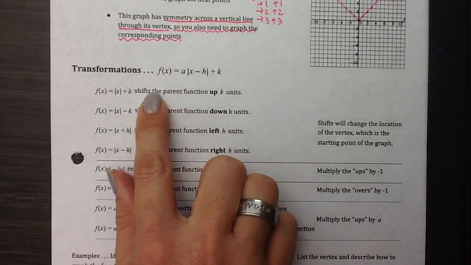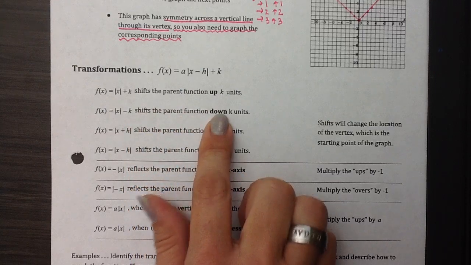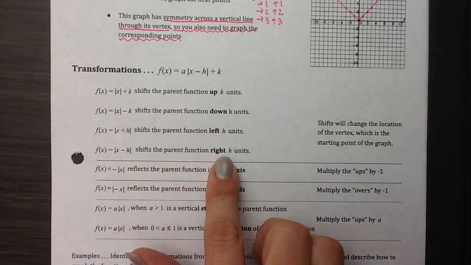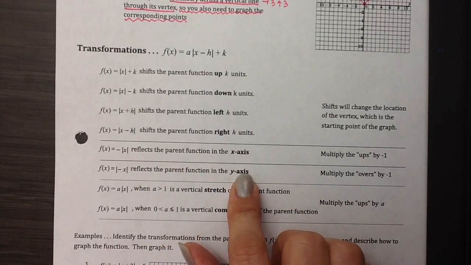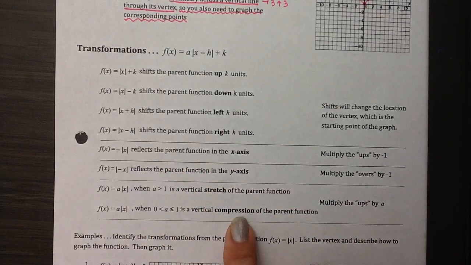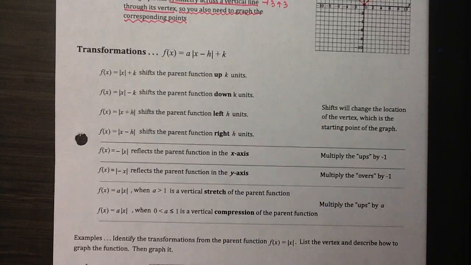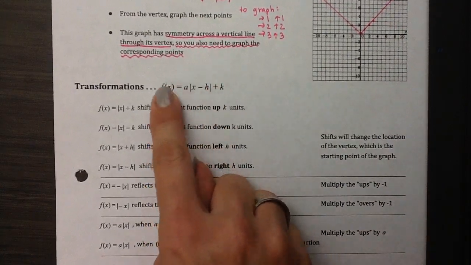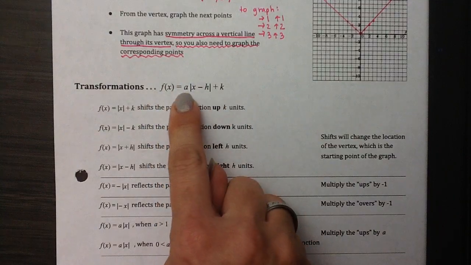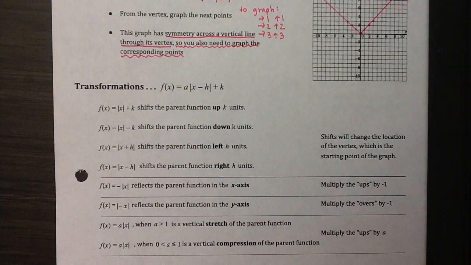Transformations could include shifts up, shifts down, shifts left, shifts right, reflecting in the x-axis or the y-axis, or a vertical stretch or compression. So these transformations, if you have all of them in here, then this is where they would be located in your equation.